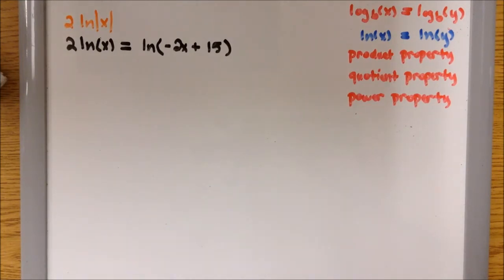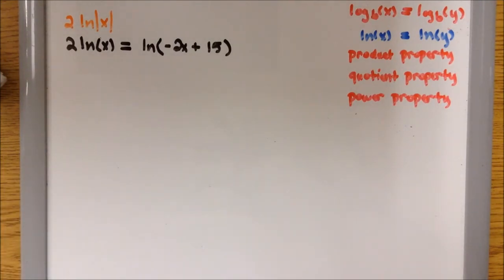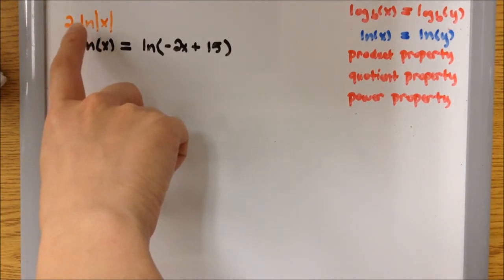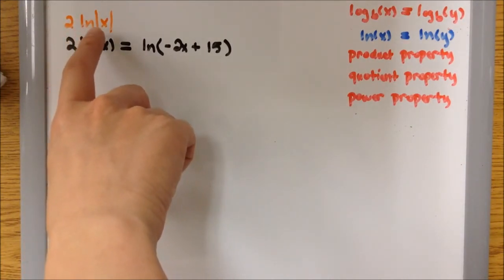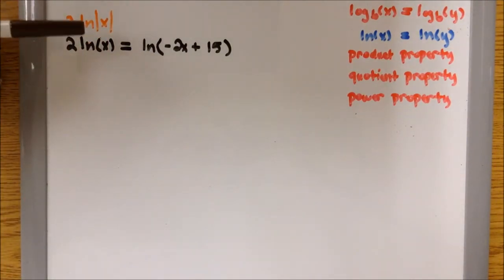Now, in the previous examples, one solution worked and one did not. What was common with all three of them, including this one, is that they all had parentheses. Now, in certain cases, you might have an example problem such as 2 times the natural log of the absolute value of x. So take a closer look at this.